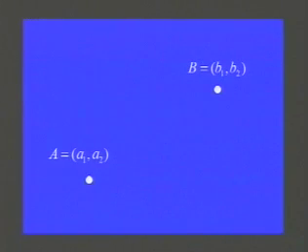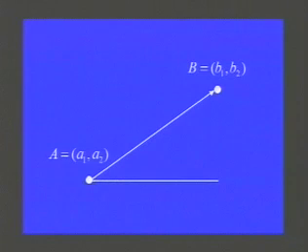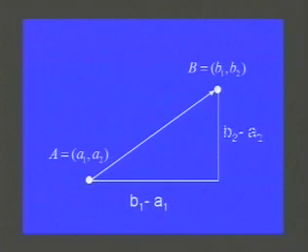Okay, so if I have a point A, which is (a1, a2), and B, which is (b1, b2), and I have the directed line segment between them, so I have the vector AB. The way that this all works is that to get from point A to point B, I would need to go right a distance of b1 minus a1, and I would need to go up b2 minus a2.